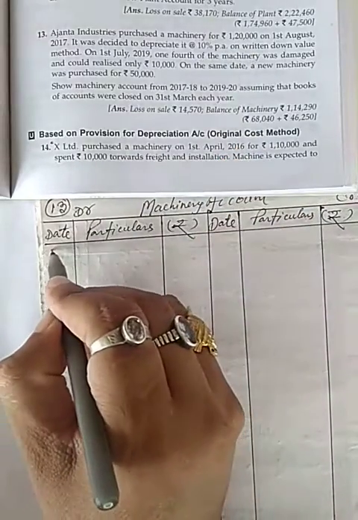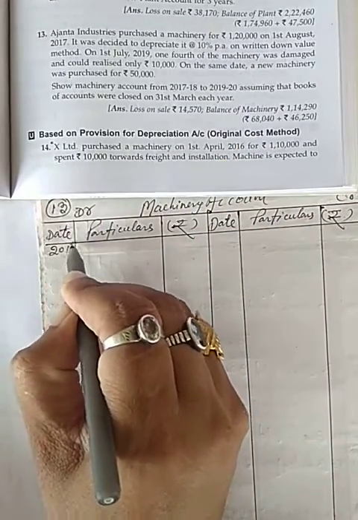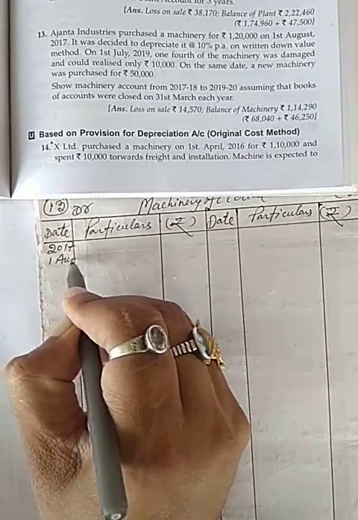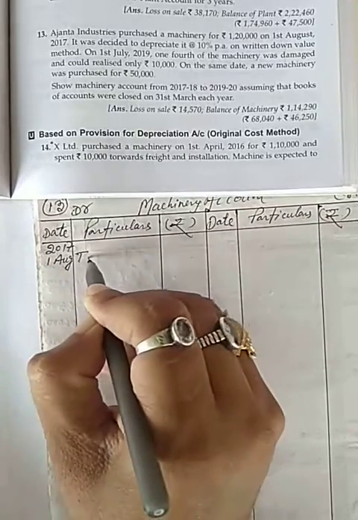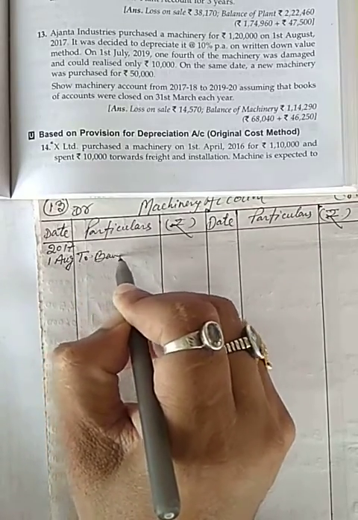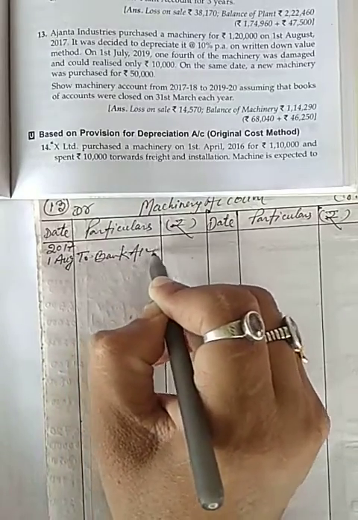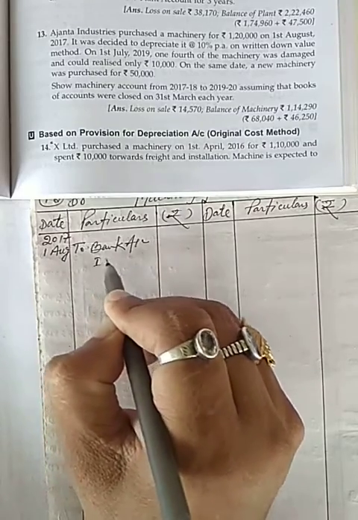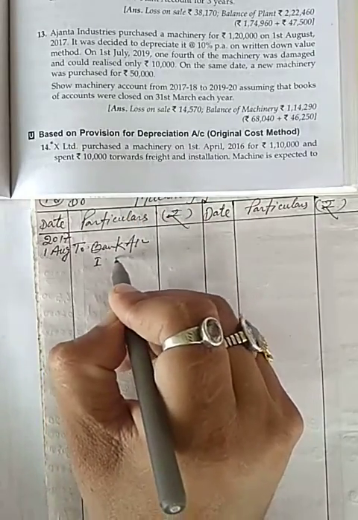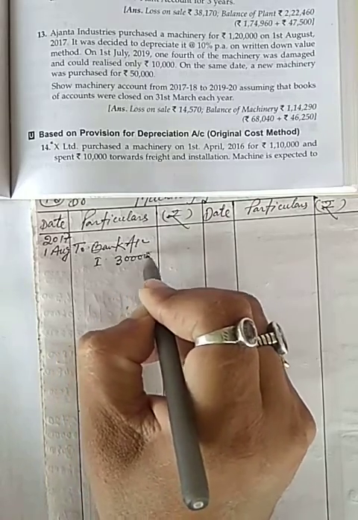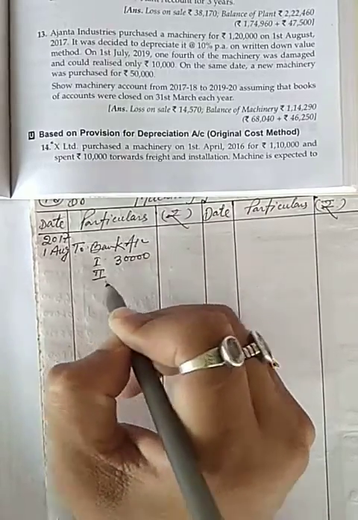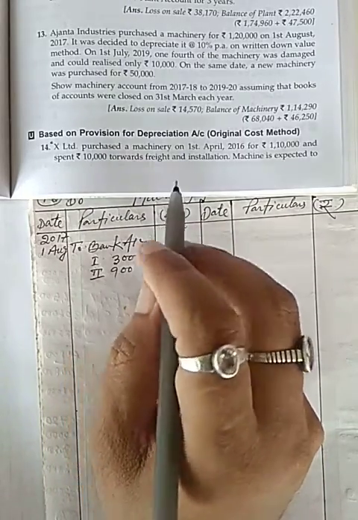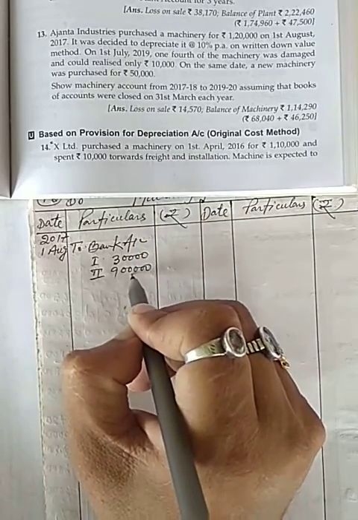Now on 2017, 1st August, to bank account, we will write first part 1/4, it will be 30,000, and second part will be 90,000. That means 3/4 of 1,20,000.